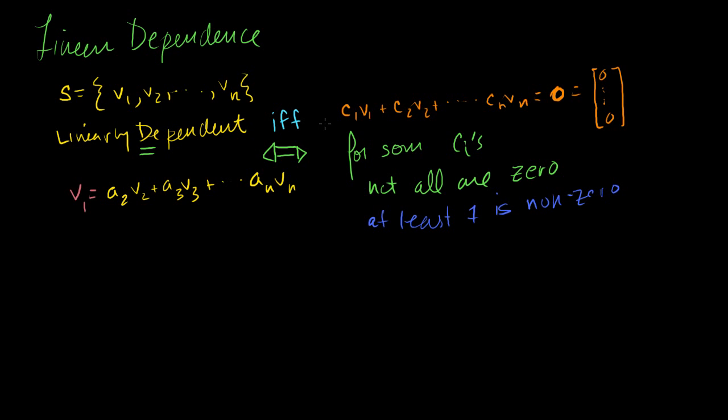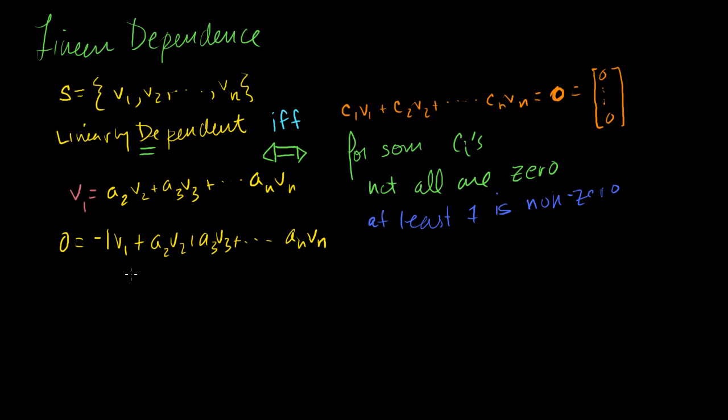So how does this imply that? And in order to show this if and only if, I have to show that this implies that, and I have to show that that implies this. This is almost a trivially easy proof, because if I subtract v1 from both sides of this equation, I get 0 is equal to minus 1 v1 plus a2 v2 plus a3 v3 all the way to an vn.